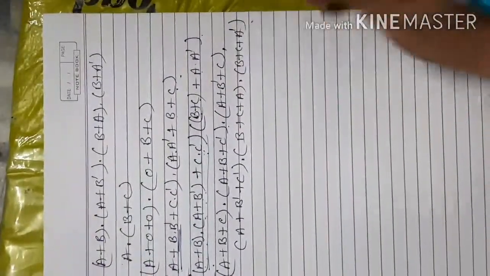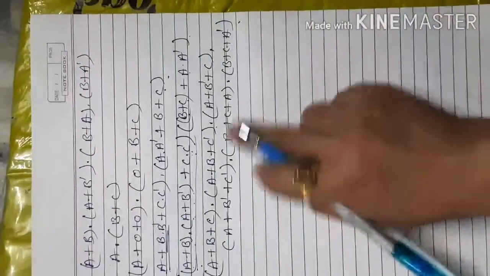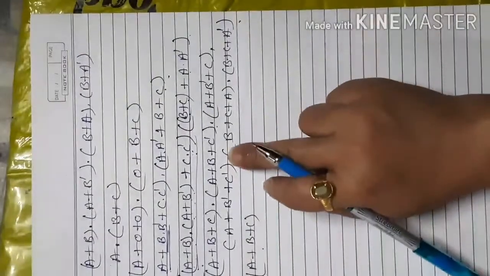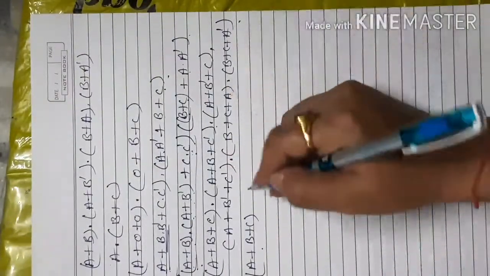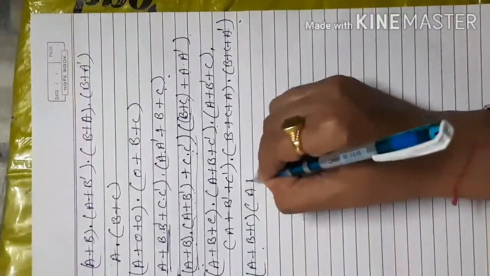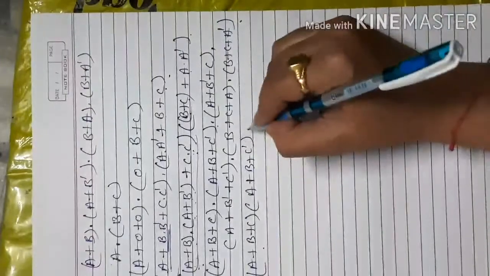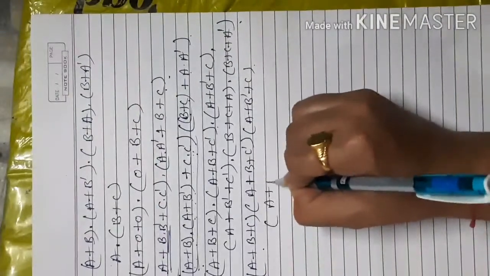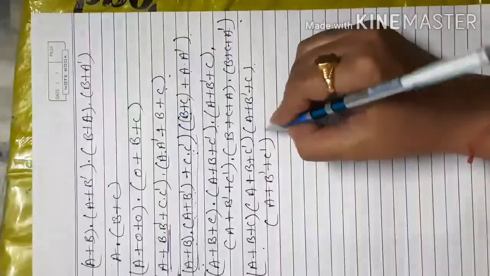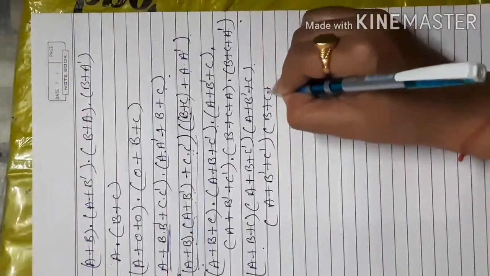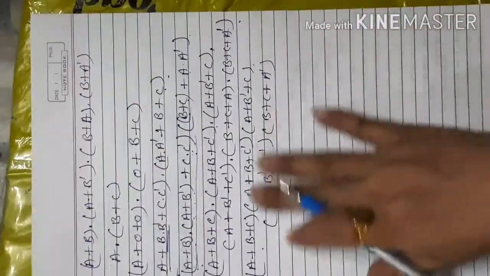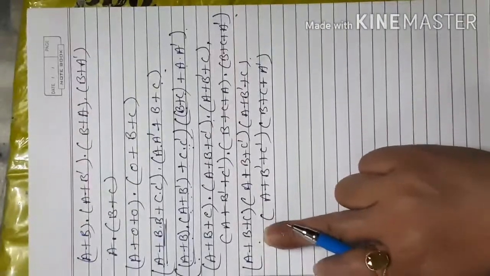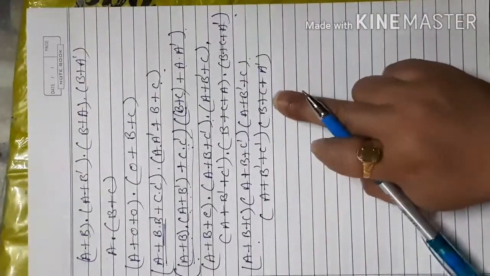If any term is repeated, you can write it once, like A plus B plus C. I think no one is repeated, so this will be my answer: A plus B plus C complement, then A plus B complement plus C, then A plus B complement plus C complement, then B plus C plus A complement. So all possible inputs, all three inputs, are in each term, and the sums are going to be multiplied with each other.